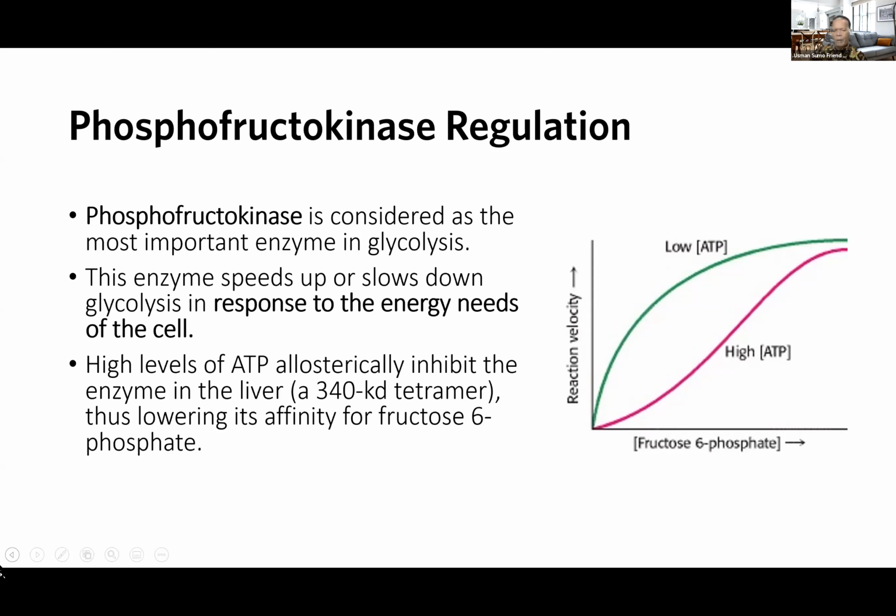A high level of ATP allosterically inhibits the enzyme in the liver, thus lowering its affinity for fructose 6-phosphate.